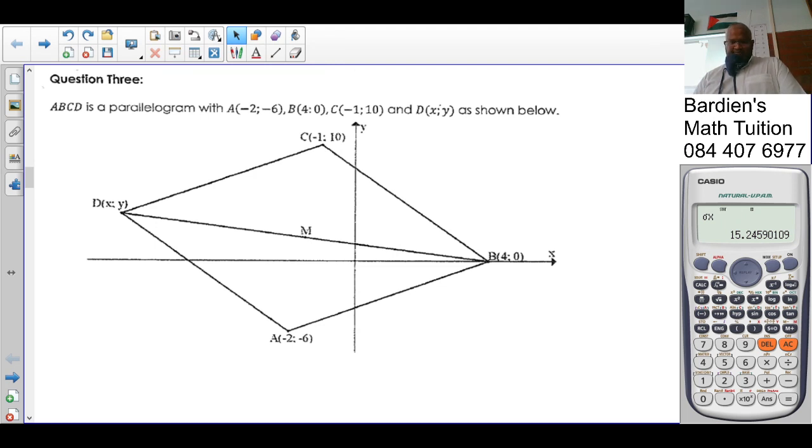Okay, so in question 3, we are told ABCD is a parallelogram. So if ABCD is a parallelogram, what comes to mind? If they tell you it's a parallelogram, then 4 properties should come to mind, which is the properties of a parallelogram.